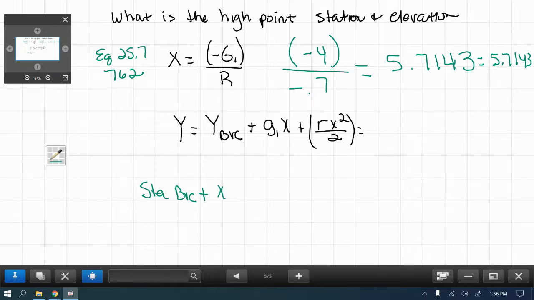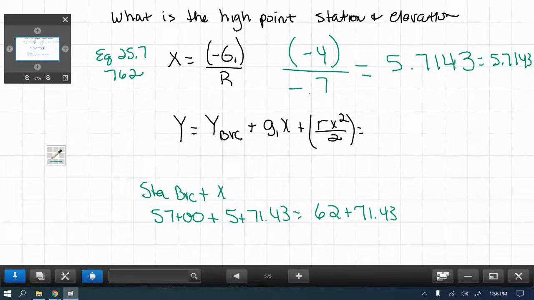So the beginning vertical curve is 57 plus 00, so I can do 5,700 plus 571.43. That station number for the high point should be 62 plus 71.43.